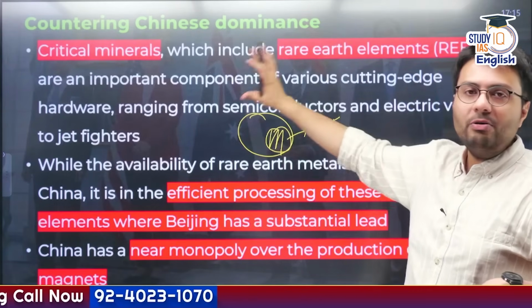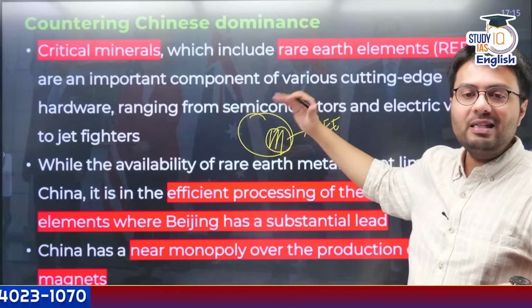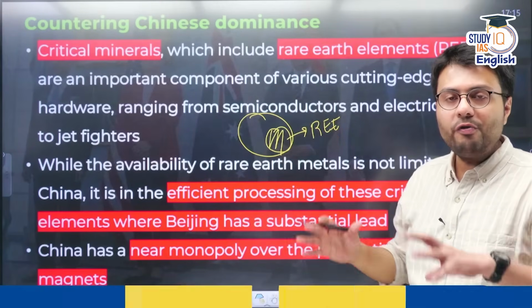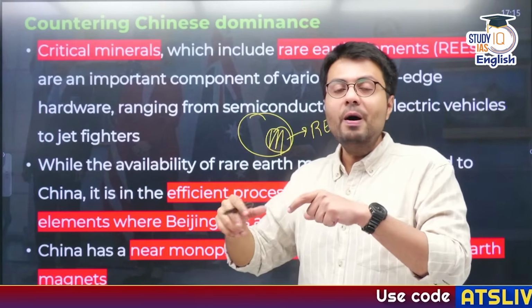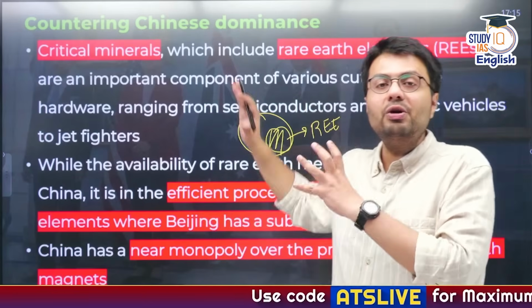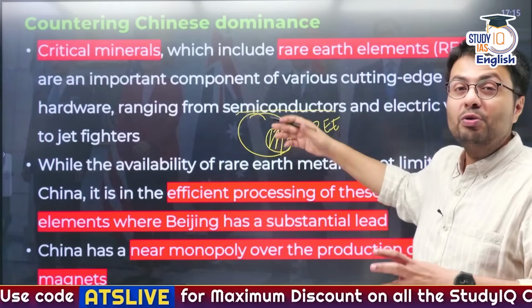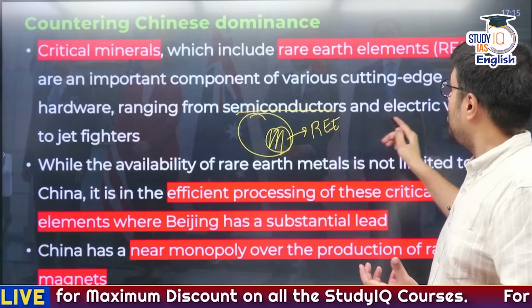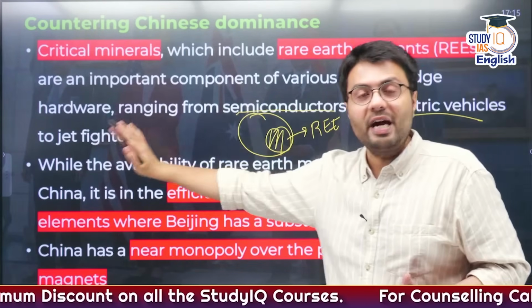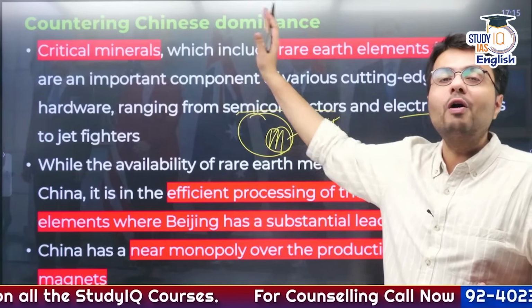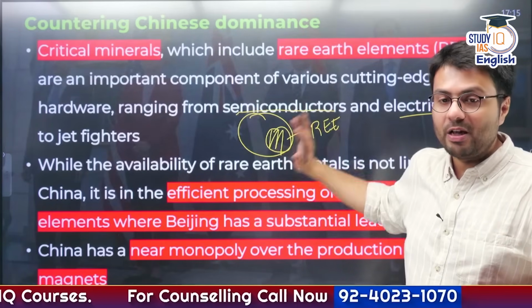Now, the quality of these critical minerals and rare earth elements is that they are a very important part of newer technology, and when you have to make newer gadgets, you need to use these items. For example, for manufacturing semiconductors, for use in electronic items, in electric vehicles, as well as in making jet fighters, you need one or many of these critical minerals and rare earth elements.